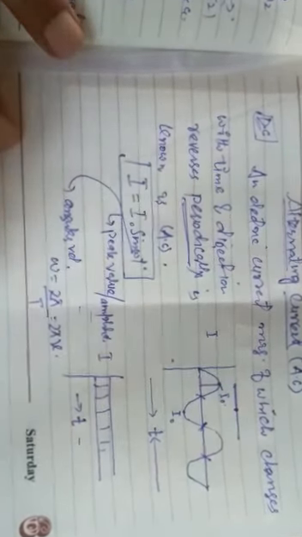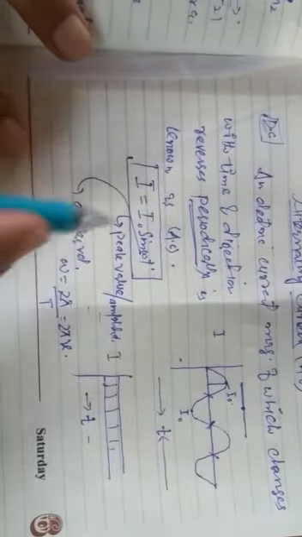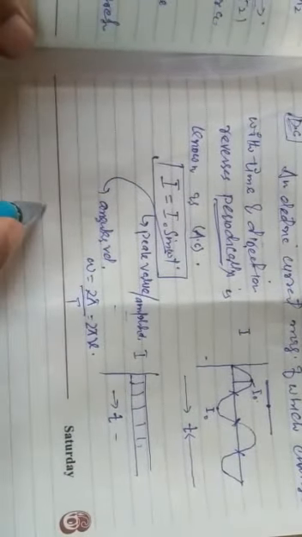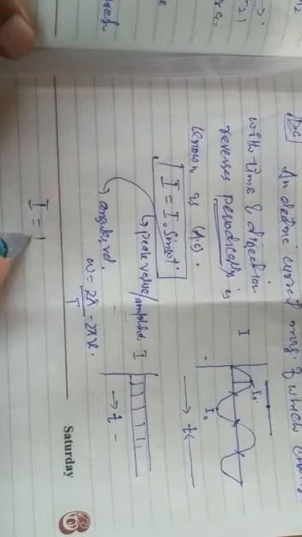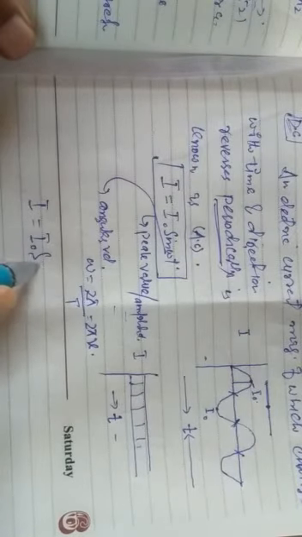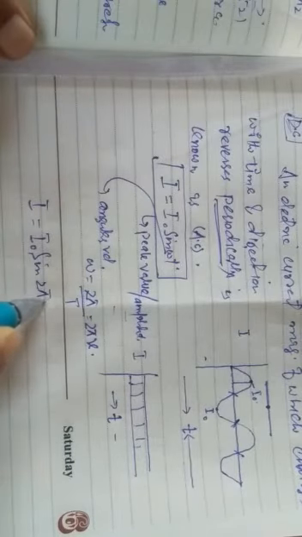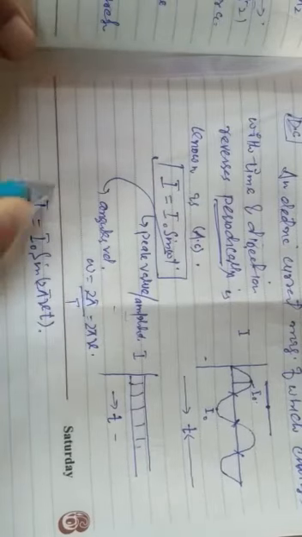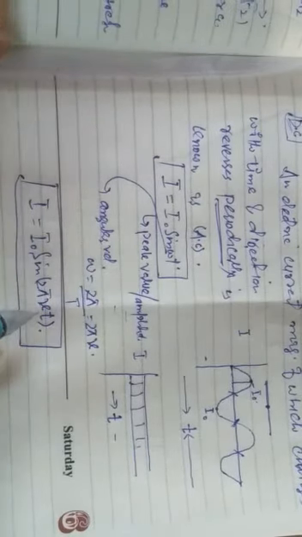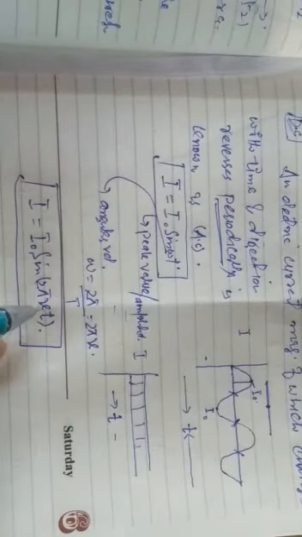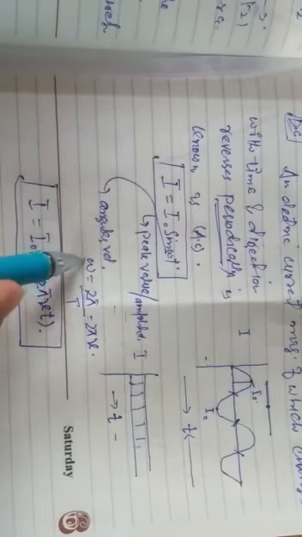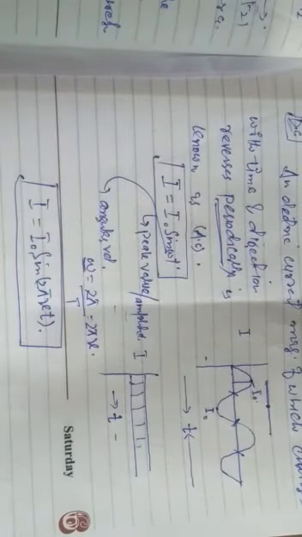Or you can change this equation to I equals I naught sine of 2 pi nu t, where nu is the driving frequency, or simply frequency, and omega is called the angular frequency or angular velocity.